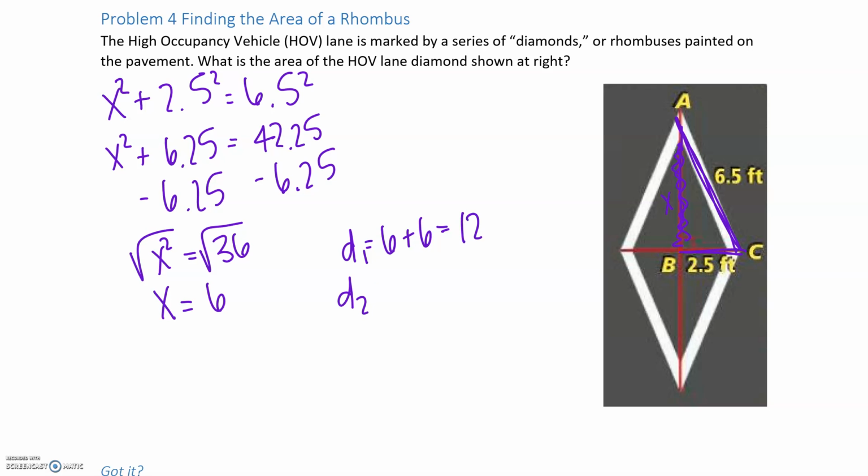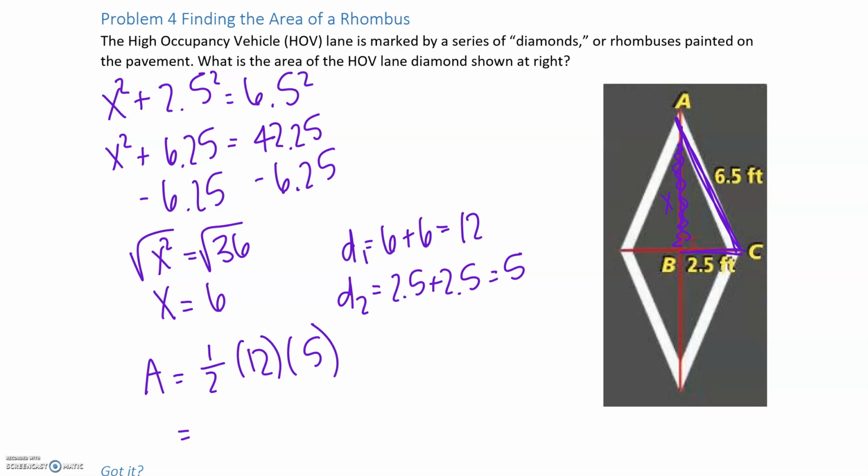And our diagonal 2 is going to equal 2.5 plus 2.5, which equals 5. So our area equals 1/2 times that 12 times that 5, which if we put that into our calculator gives us 30 feet squared.